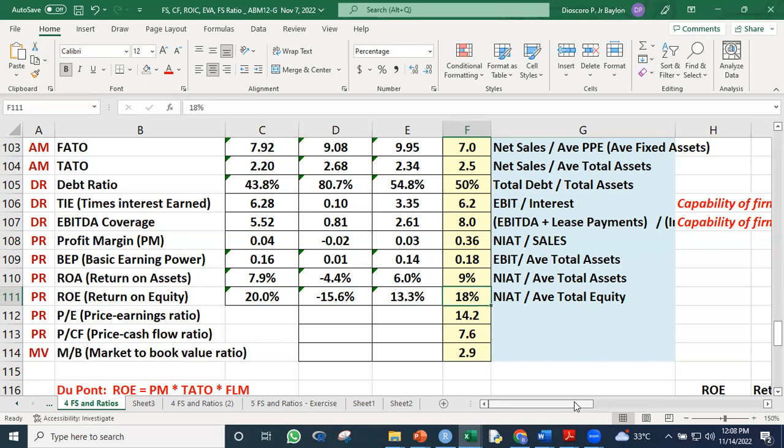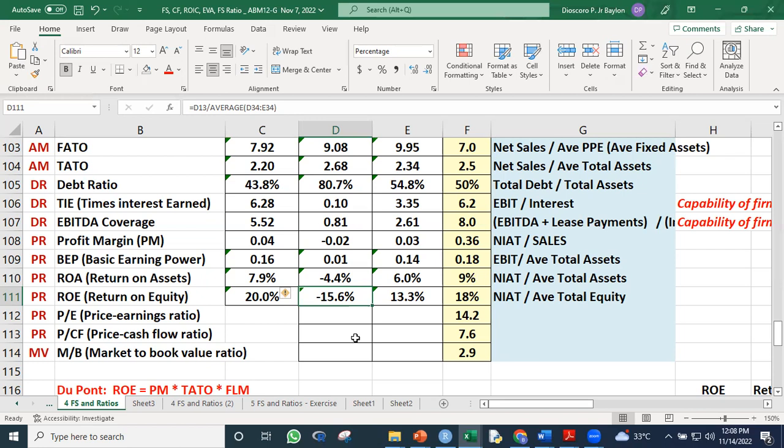Direct competitor 18 centavos lang ang generate for every 1 peso of equity invested. Okay. Pinakamasama nung 2020 kasi dito yung negative yung net income after tax. Okay, kaya negative yung ROE nila.